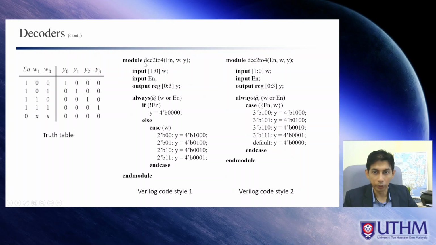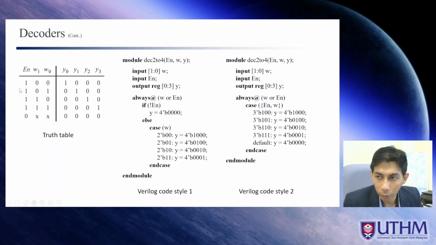So we have a module. The module name is 224. This is the 2-to-4 decoder. En, W, Y are the ports. We have En and W as input, and Y as output. Here we describe the input and output. For input, we have W, 2-bit, 1 to 0, so W1, W0.